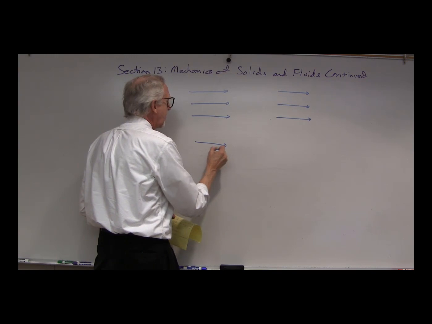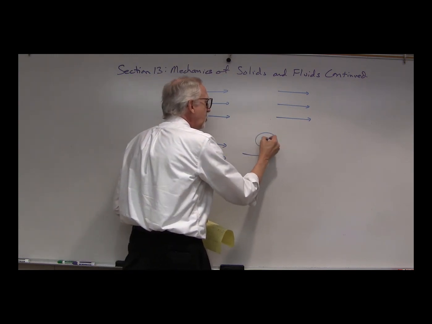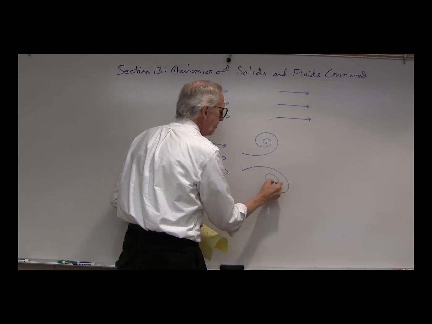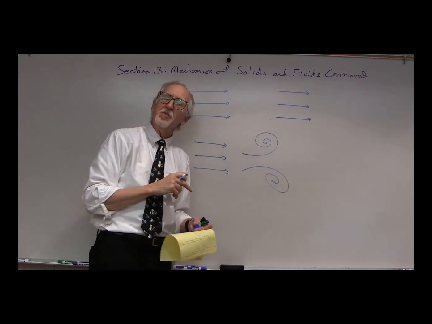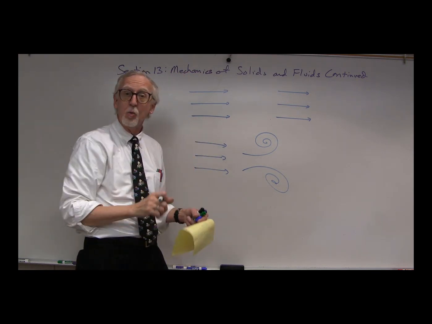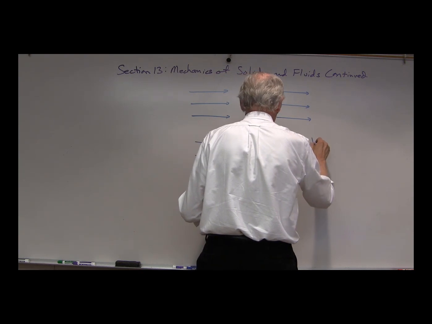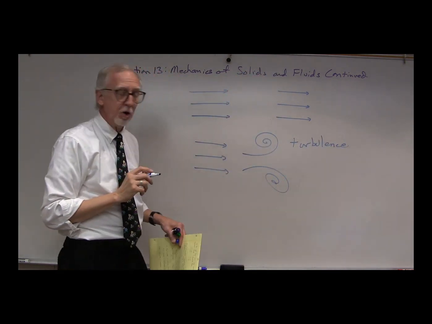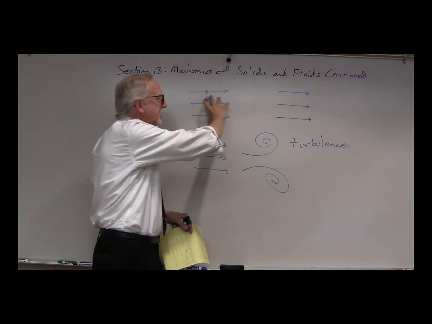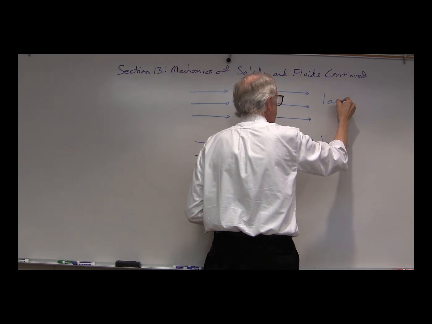We might start out with fluid flowing nice and smoothly, but then something happens and the fluid ends up mixing together. We end up with what is called turbulence, or turbulent flow. We don't end up with nice smooth flow like this, which is called laminar flow.